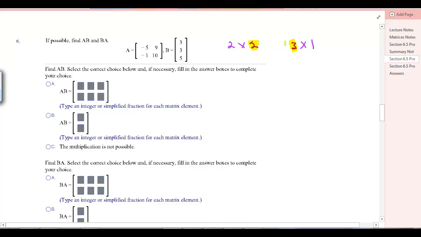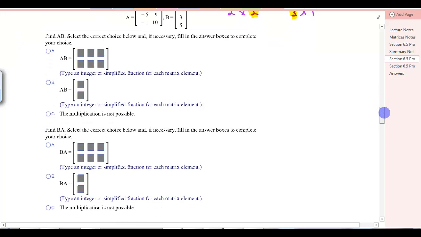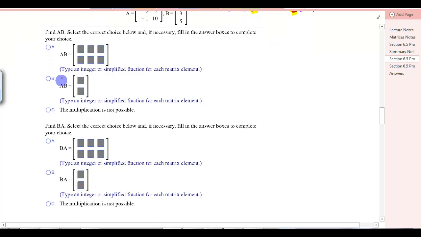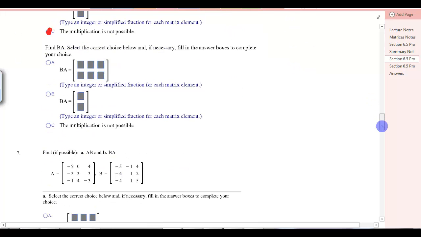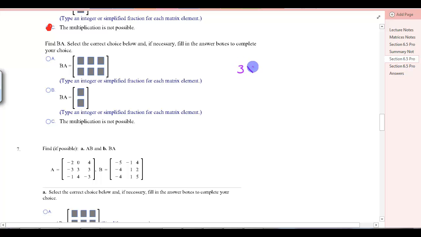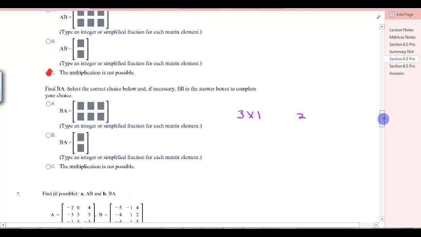They have to be the same in order for this problem to even be possible. So for the first one, A times B, it's not possible. And for the second one, we would have the same thing. You'd have a 3 by 1 and a 2, what was it?